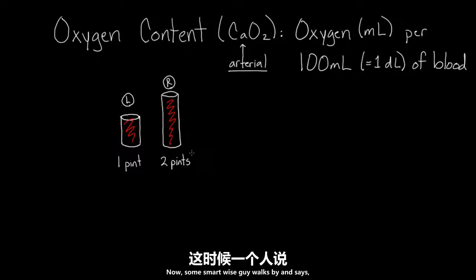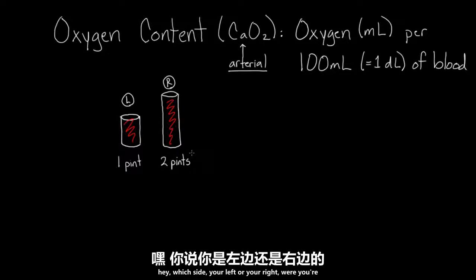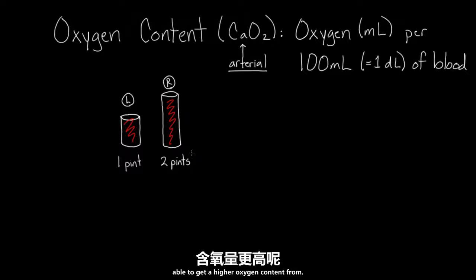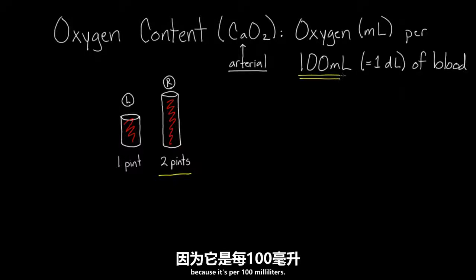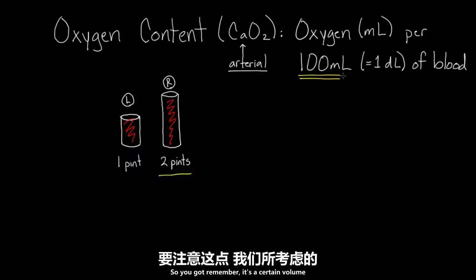Now some smart, wise guy walks by and says, hey, which side, your left or your right, were you able to get higher oxygen content from? Now, just looking at the picture, you might be tempted to say, well, oxygen content sounds like the right side is the winner. But actually, this is a trick question, right? Because it's per 100 milliliters. So you've got to remember, it's a certain volume that we're thinking about.